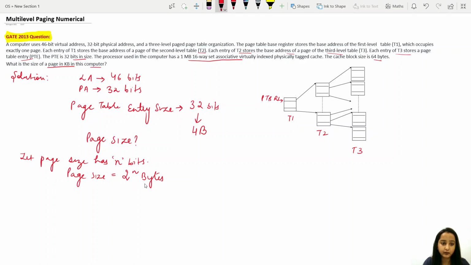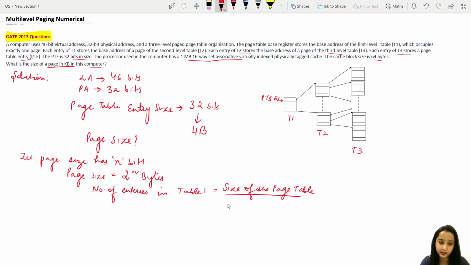Since the first level has one page, the number of entries in table 1 equals the size of the page table divided by the size of each page table entry.